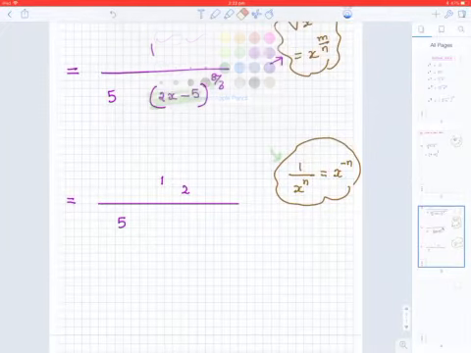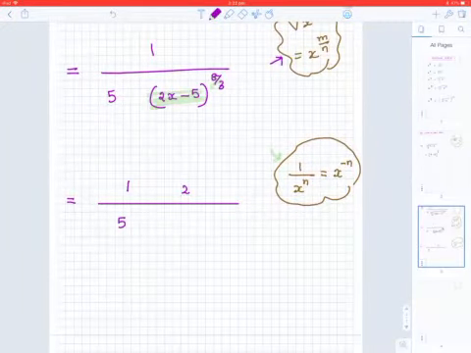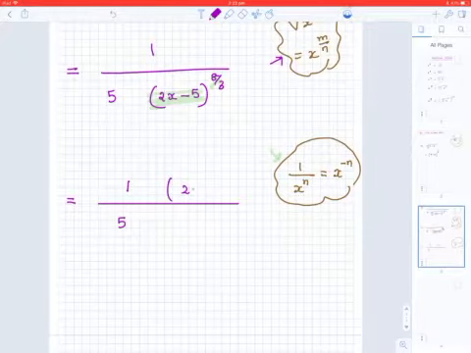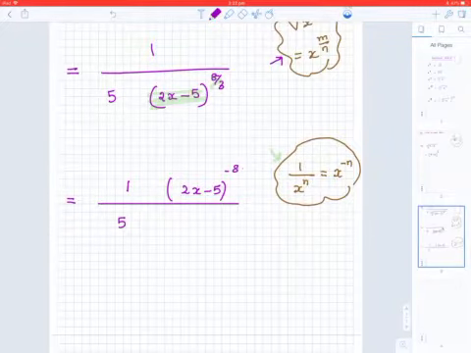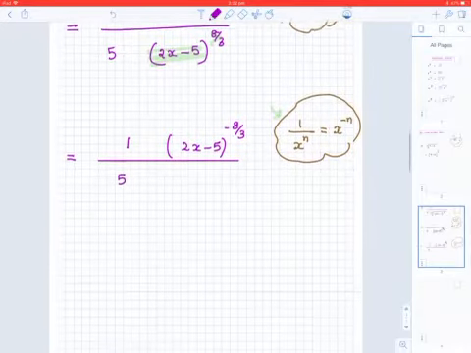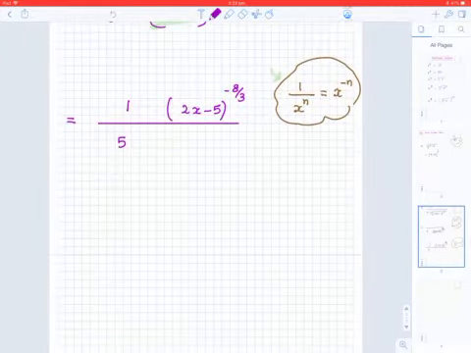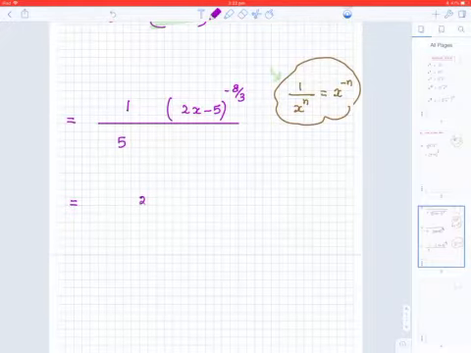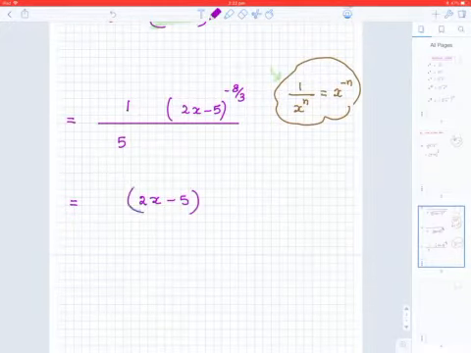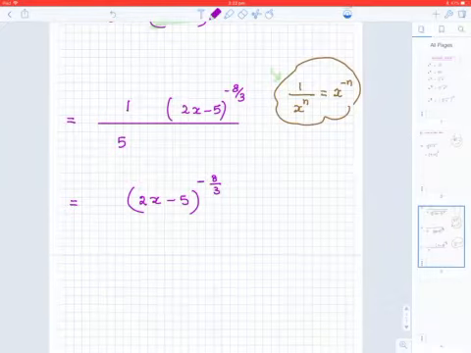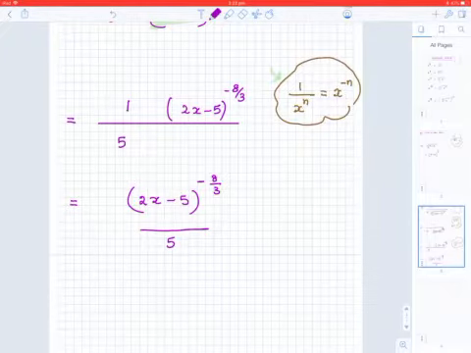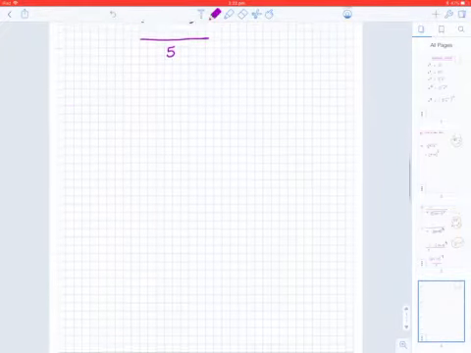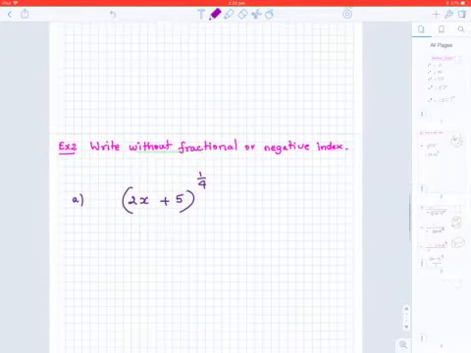We are using this result, that could be written as 2x, of course the 1 I'm going to write it somewhere far away, so 1 is still here, but then the 2x minus 5 to the power 8 over 3 in the denominator becomes minus 8 over 3 in the numerator. Now we can't take the 5, only the power can go up. Okay, the 5 still stays in the denominator. So therefore this question, the answer is 2x minus 5 to the power minus 8 over 3 divided by 5. So this is your final answer.